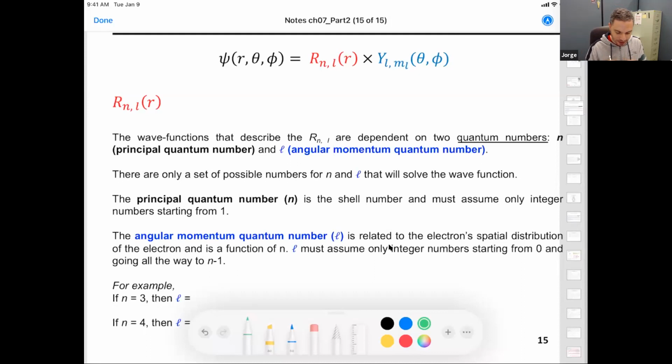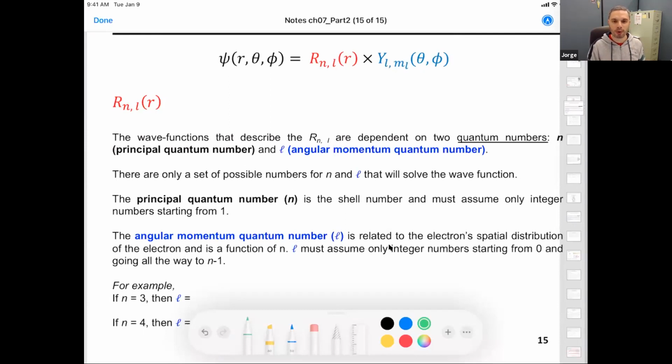And that's the beauty of the Schrodinger model. Mathematically, there are only a set of possible numbers for n and l that will solve the wave function. So those quantum numbers are not random numbers. They have a mathematical reason for the values.